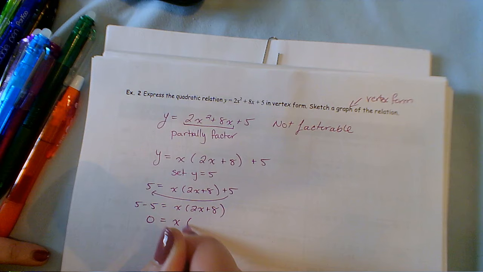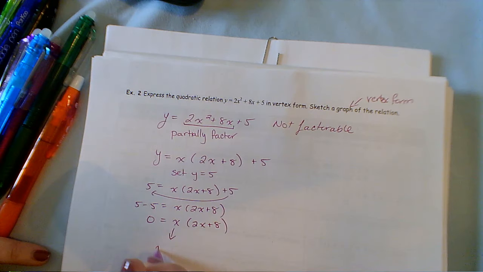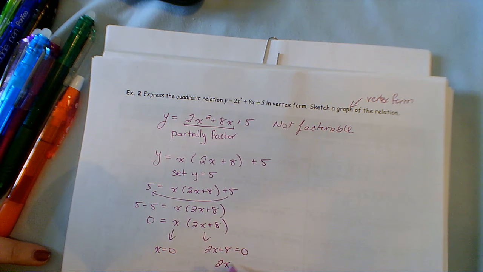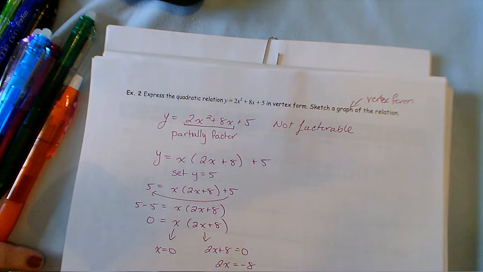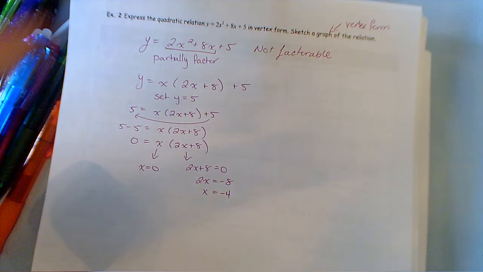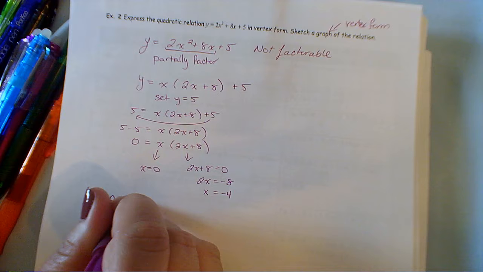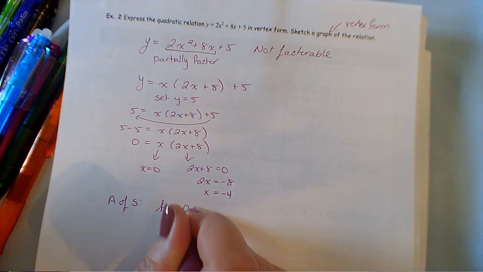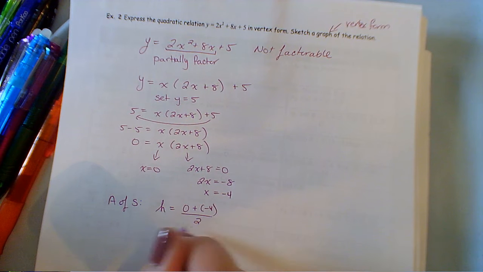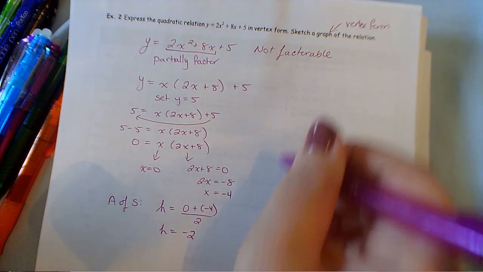And then once you get this point, x himself is 0. 2x plus 8 equals 0. 2x equals negative 8. X equals negative 4. It's the same thing as before. Look at that. Same. The two x values to get our axis of symmetry. Axis of symmetry is 0 plus negative 4 cut in half, which is negative 2.